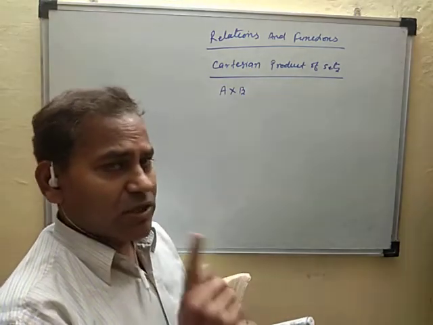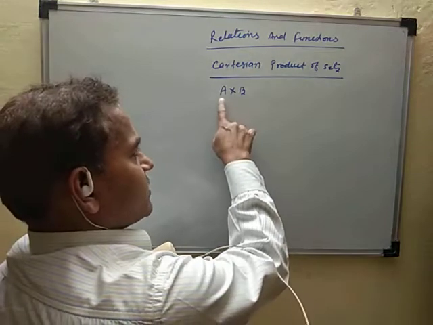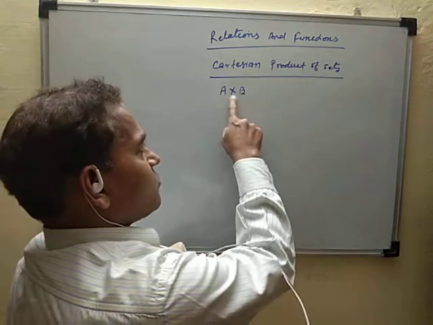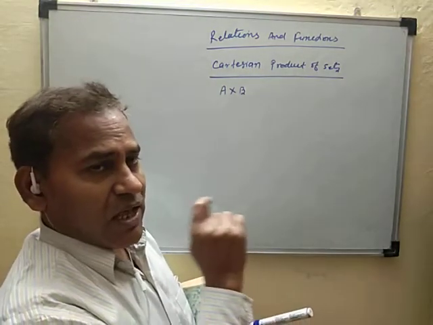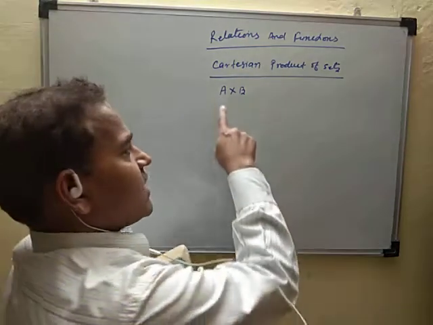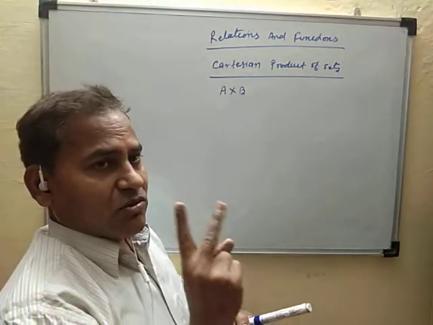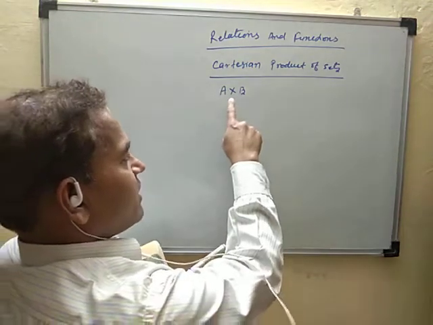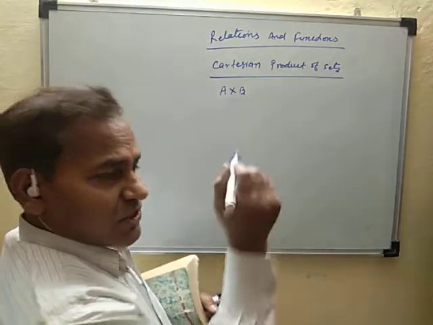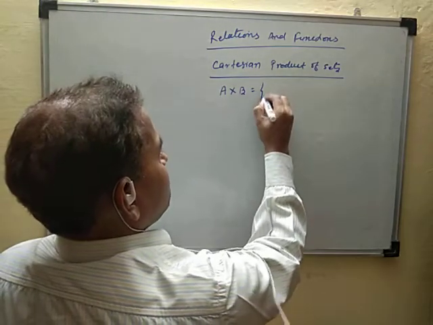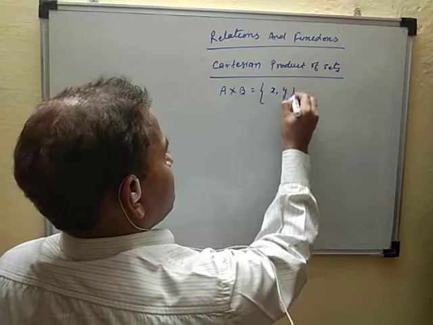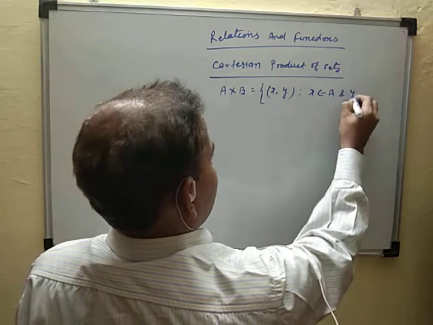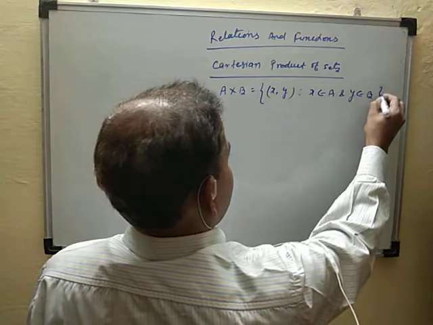This is read as the Cartesian product of A and B. That is read as A cross B, not A into B. Read as A cross B. So for two sets A and B, the Cartesian product is denoted by A cross B, which is defined as A cross B is equal to the elements (x, y) such that x belongs to set A and y belongs to set B.